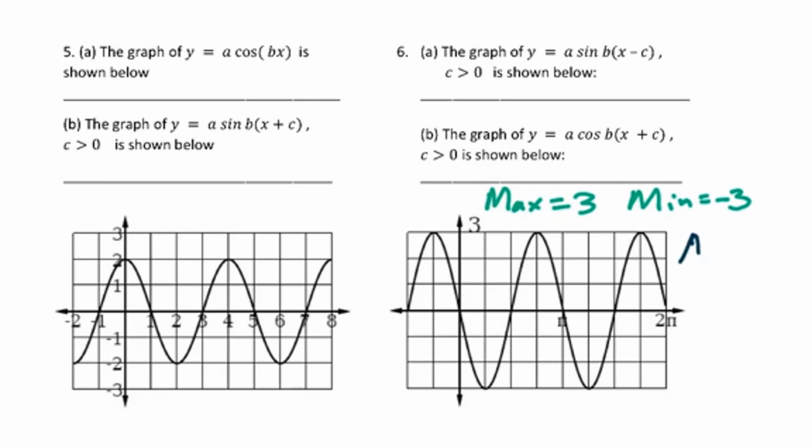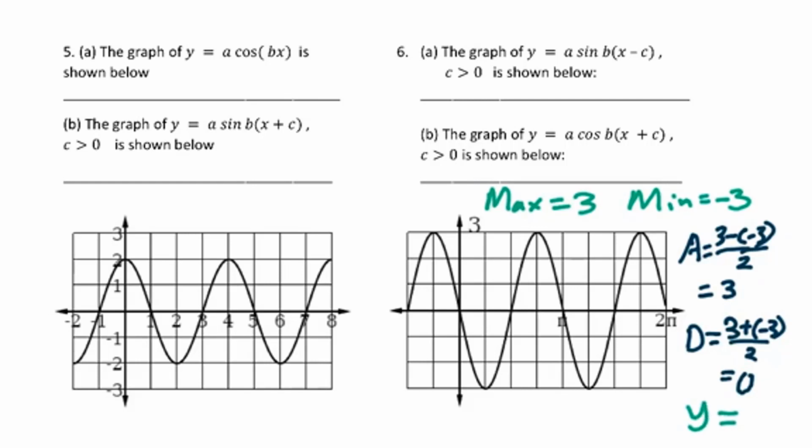And a equals, do the subtraction, 3 minus negative 3 over 2. That's 6 over 2 equals 3. So d equals 3 plus negative 3 over 2 equals 0. After we get d, I will draw y equals d. That's a midline.